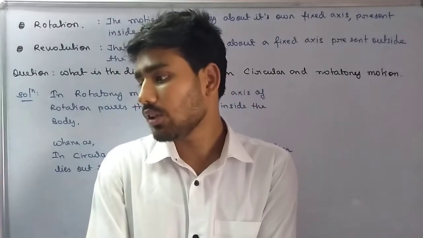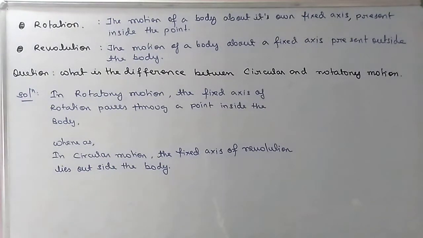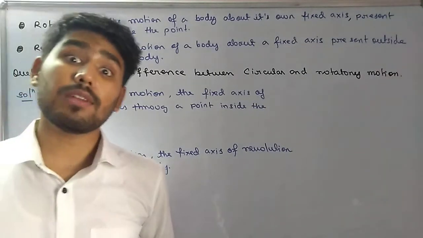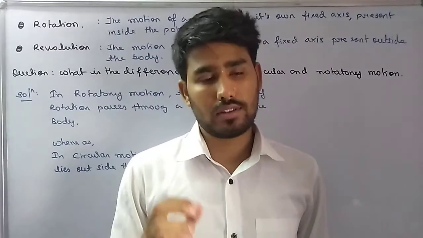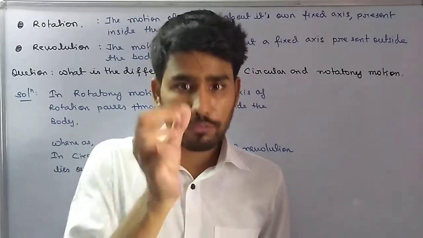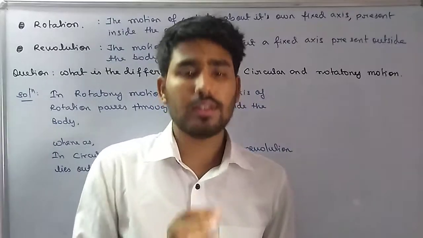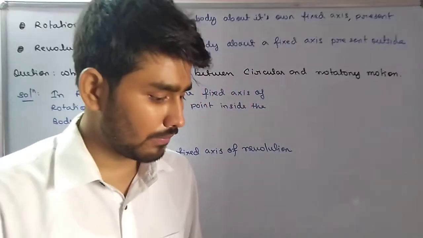Yes, the movement of the body about its own axis. Let's go to the example which we did last day. Whereas revolution means the movement of a body about a fixed point or an axis which is present outside the body. Just try to understand.